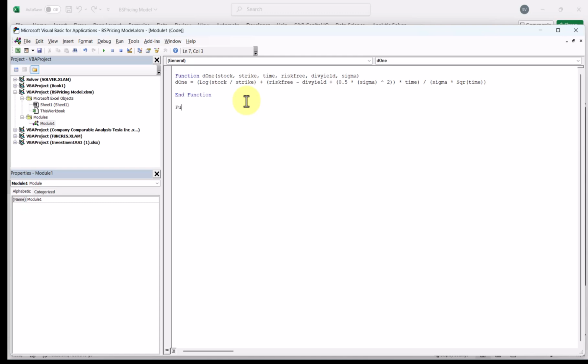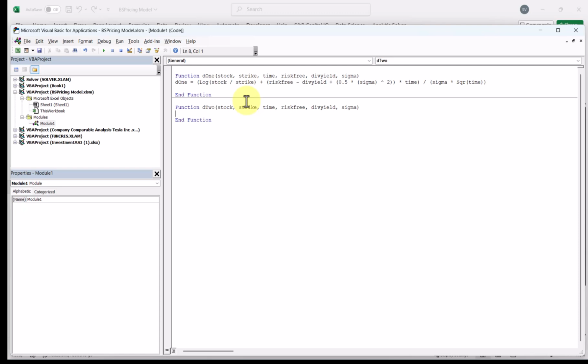So I'm going to put in here function D2. It's going to have the same inputs as my D1. So stock, strike, time, risk-free, div yield, and sigma.